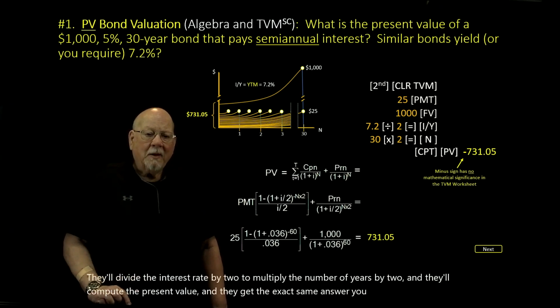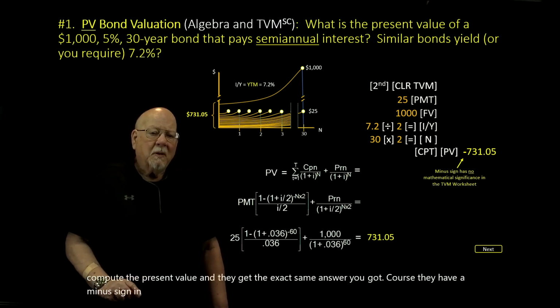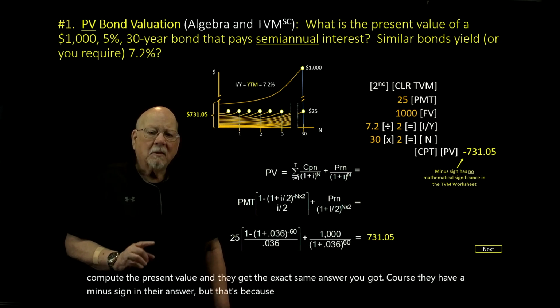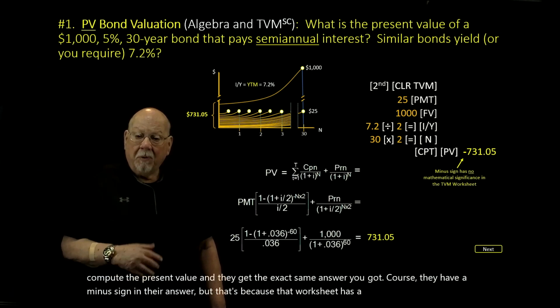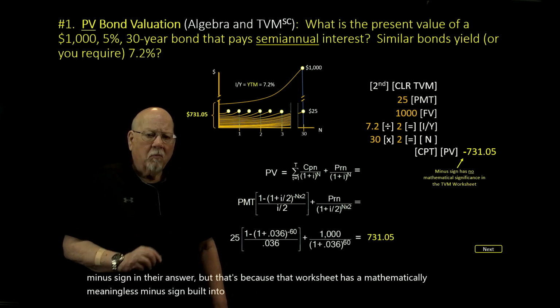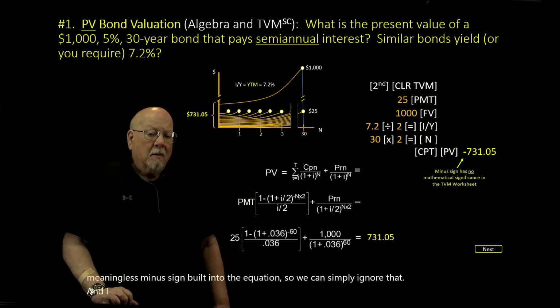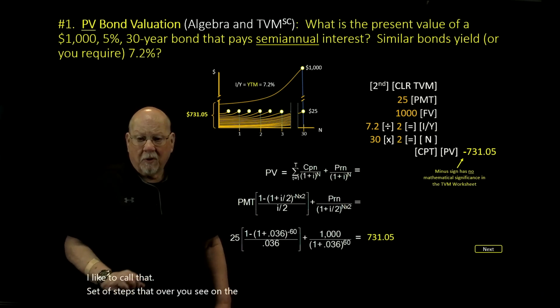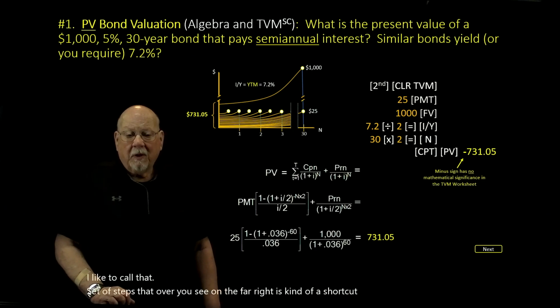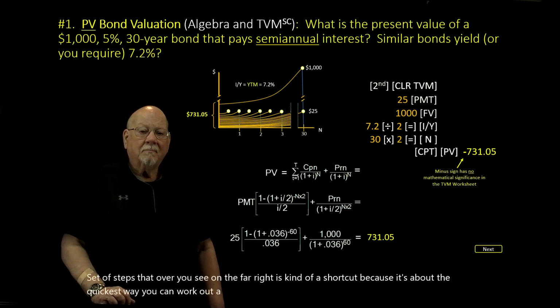Of course, they have a minus sign in their answer, but that's because that worksheet has a mathematically meaningless minus sign built into the equation, so we can simply ignore that. And I like to call that set of steps over on the far right a shortcut, because that's about the quickest way you can work out a bond problem.